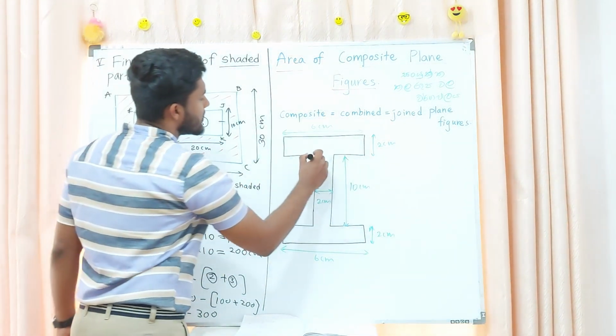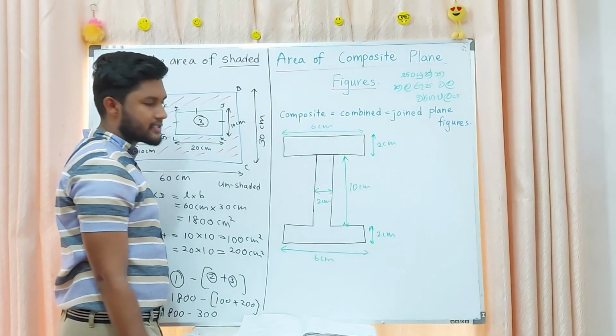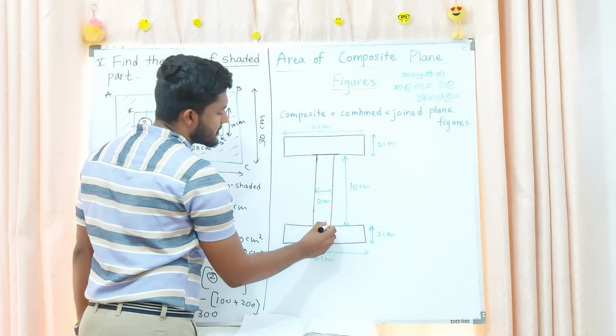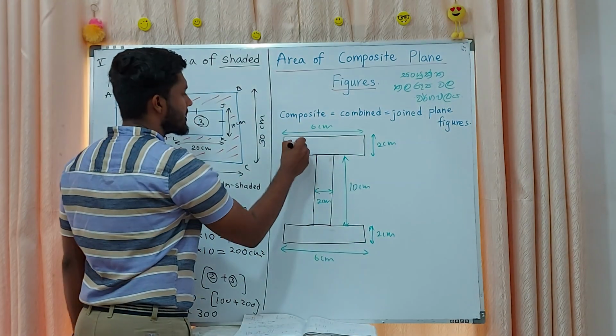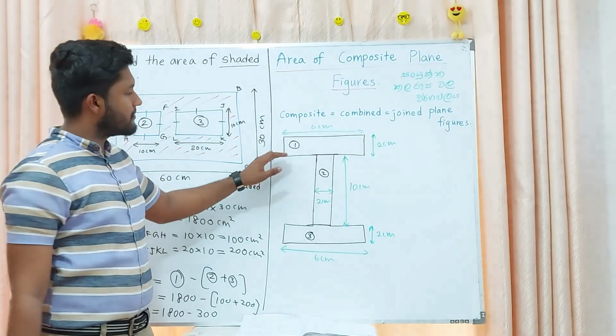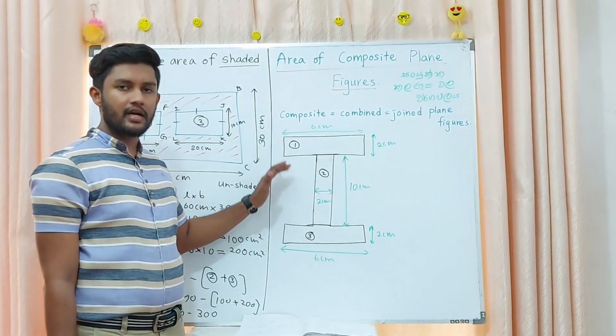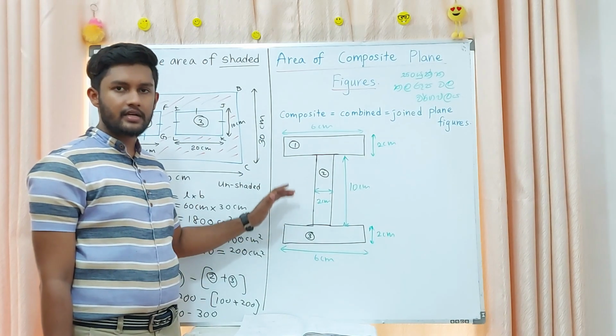Then shall we divide this one into here one rectangle, here another rectangle, here another rectangle: first rectangle, second rectangle and third rectangle. By getting the total area of these three combined figures, we can get the answer.